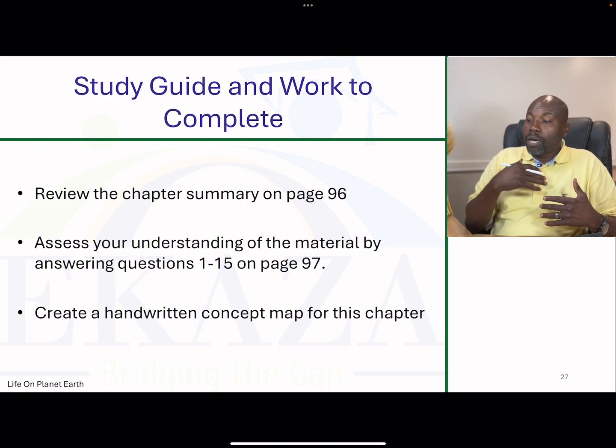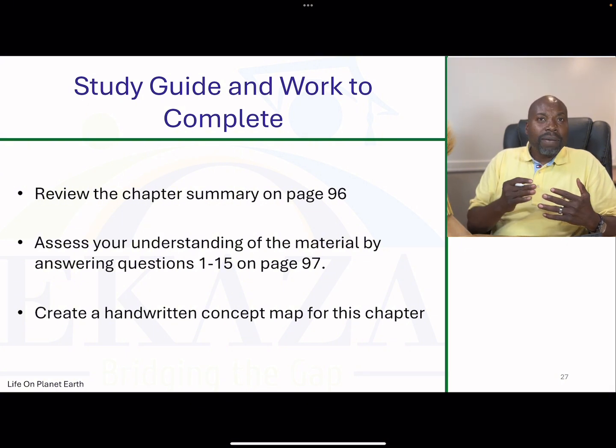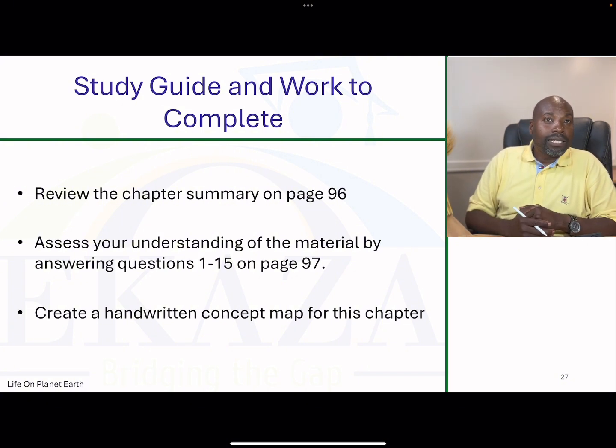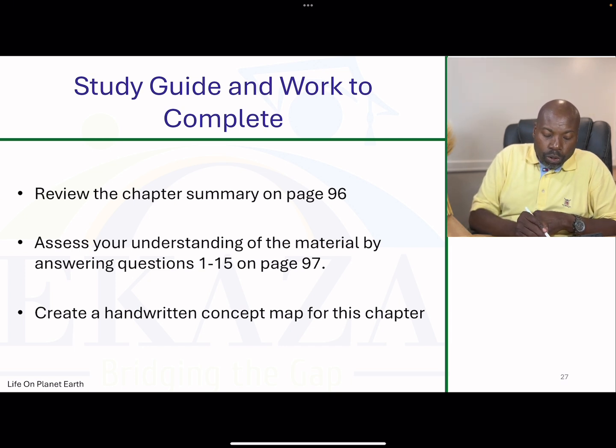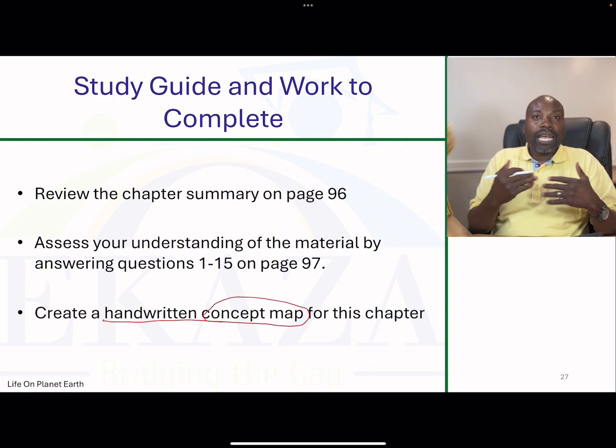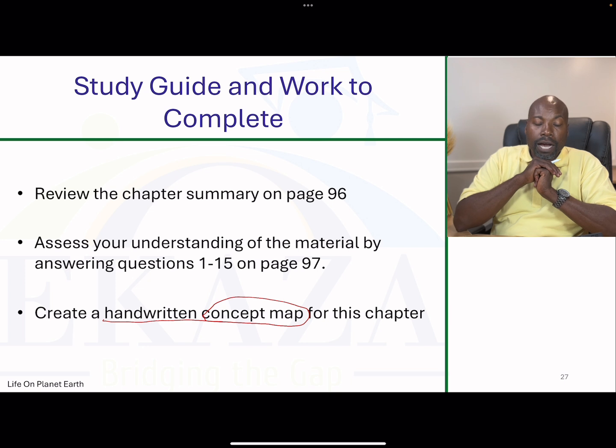You also contacted a classmate who also designed their own questions. Do some kind of exchange of questions. That way, you can test if you can actually answer questions that another student designed. Finally, but not least, I highly encourage you to design a handwritten concept map that is going to help you connect the dots and understand all of this.